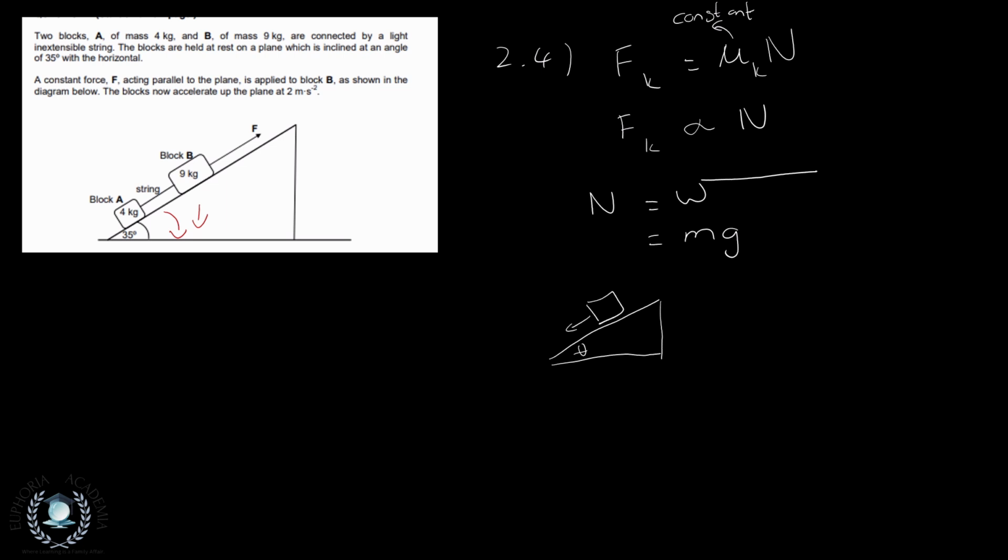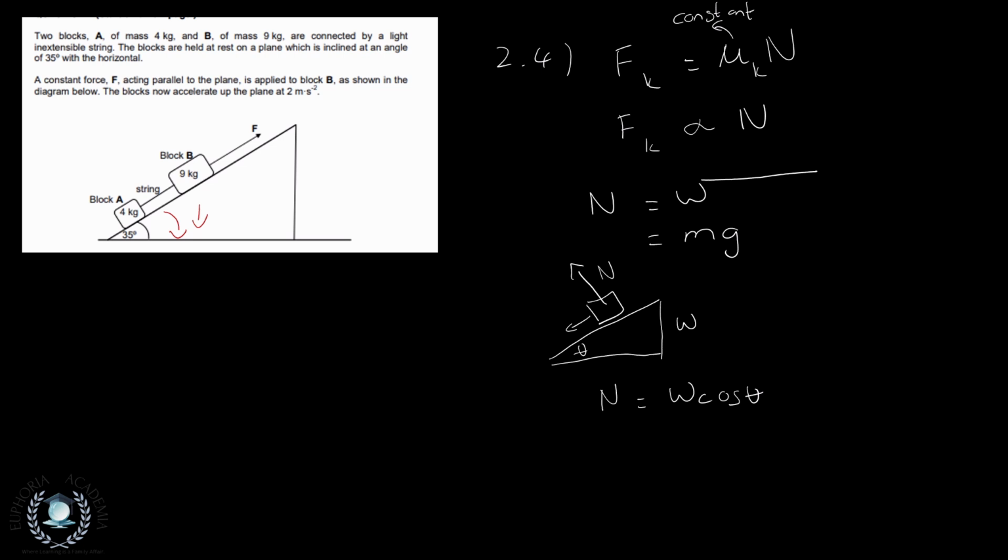It doesn't really matter what it's doing, but we're trying to compute the normal force. The normal force will be perpendicular and the weight will be vertically down, right? Now, for this relationship, we can see that the normal force is equal to the weight multiplied by the cos of that angle there.